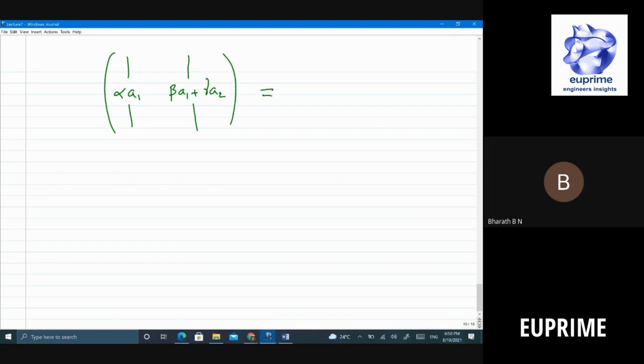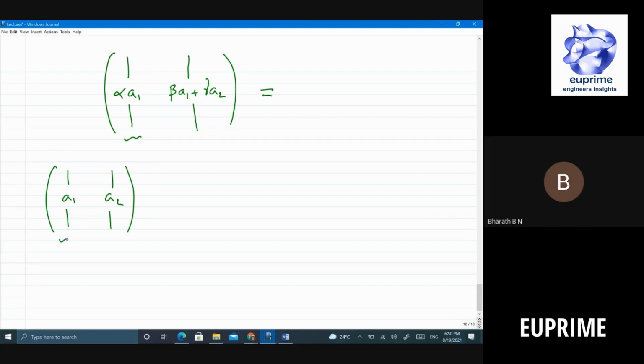Can I write this as a product of two matrices? What should I do? The first column, how do I get this? If I have a matrix A1, A2, how do I get this? This is the first column.